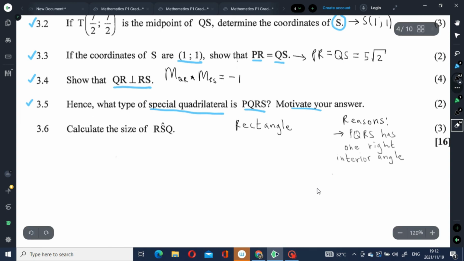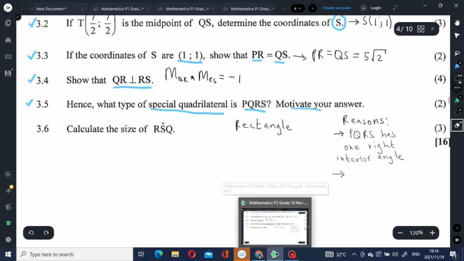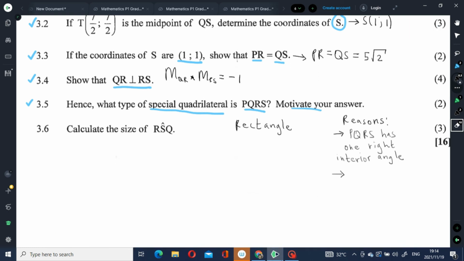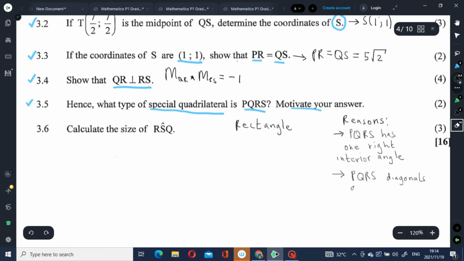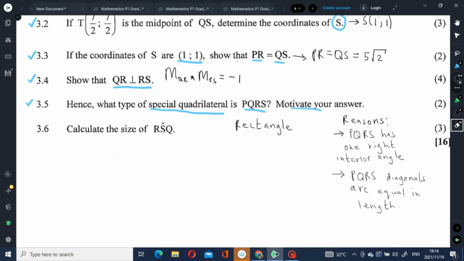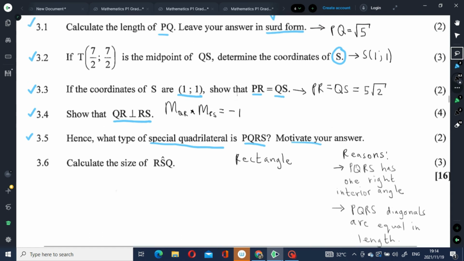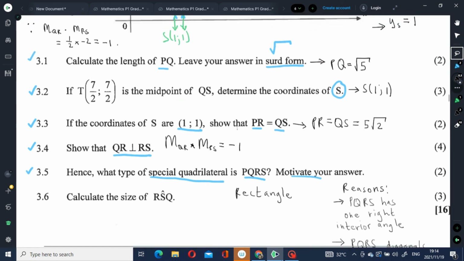And the second reason would be the diagonals of PQRS are equal in length, so this is adequate reason why PQRS is a rectangle. No further explanation is needed. So let's look at the last question.